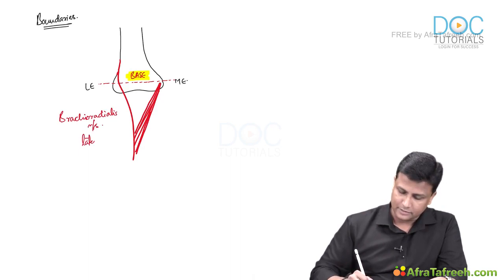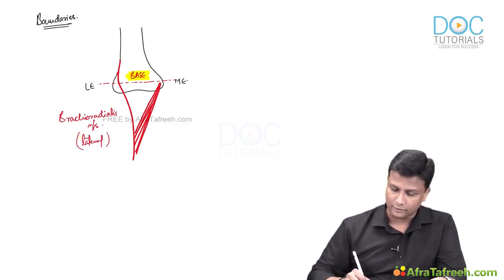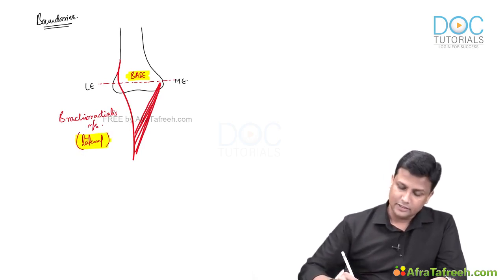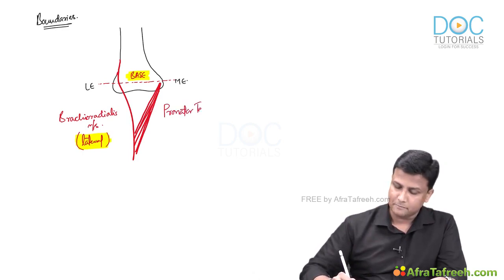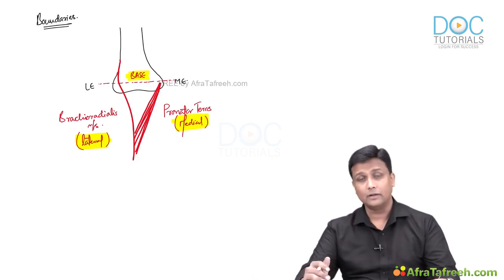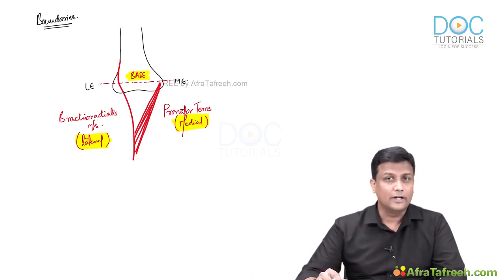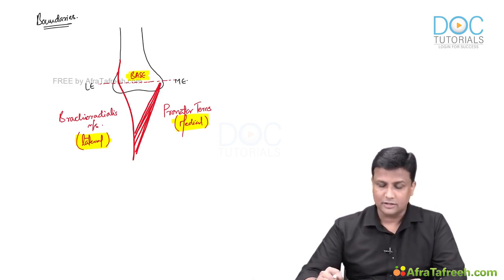So brachioradialis muscle is the one which is going to form the lateral boundary of the cubital fossa. And then on the medial side, you will be able to appreciate here the pronator teres muscle. So that is the one which is going to form the medial boundary of the cubital fossa. So on the medial boundary there will be pronator teres, and on the lateral side, brachioradialis, and then the base is formed by just the imaginary line.